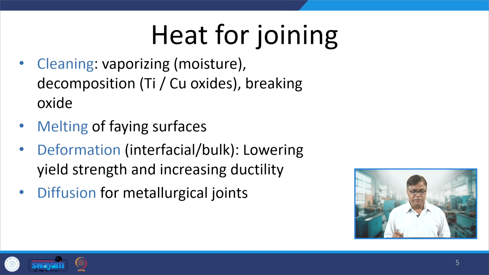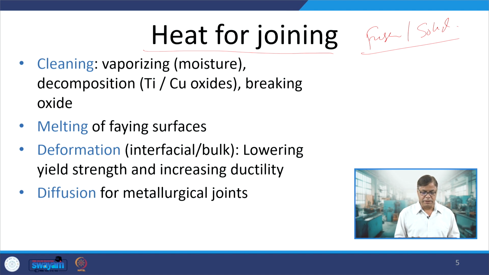Now, we will see what is the role of the heat in joining, whether it is fusion or solid state. So, what is the role that is played by the heat when it is supplied for development of the joint?